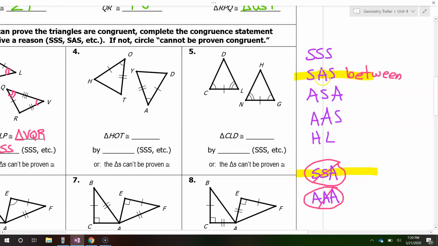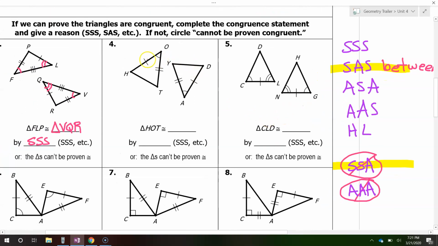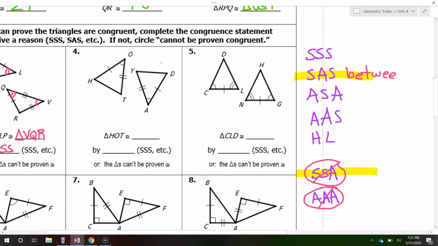Do you see how the A is between the S's? That means that the angle has to be between the sides. So is this angle between the two sides? It is, right? Because we have one side here, we have one side here, and the angle is right in the middle. So because the angle is between, this is side angle side.